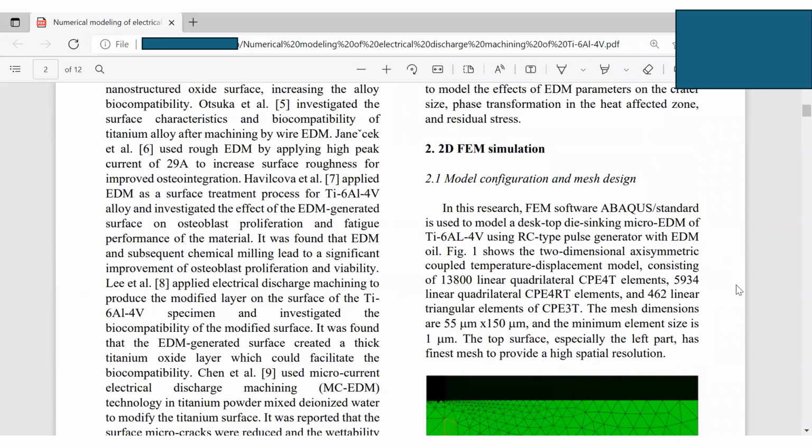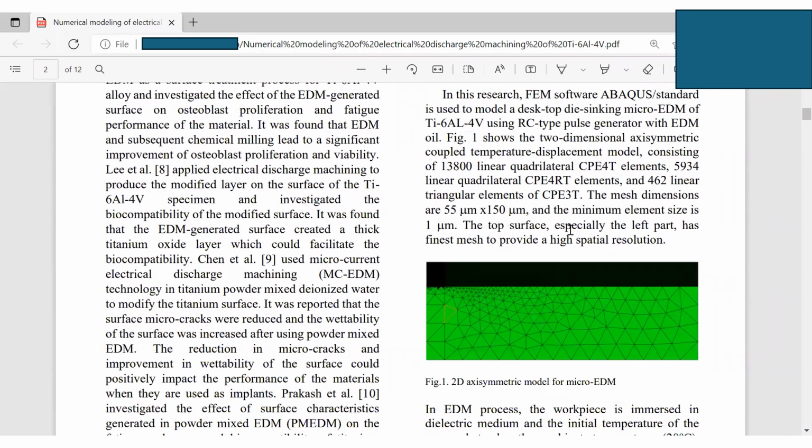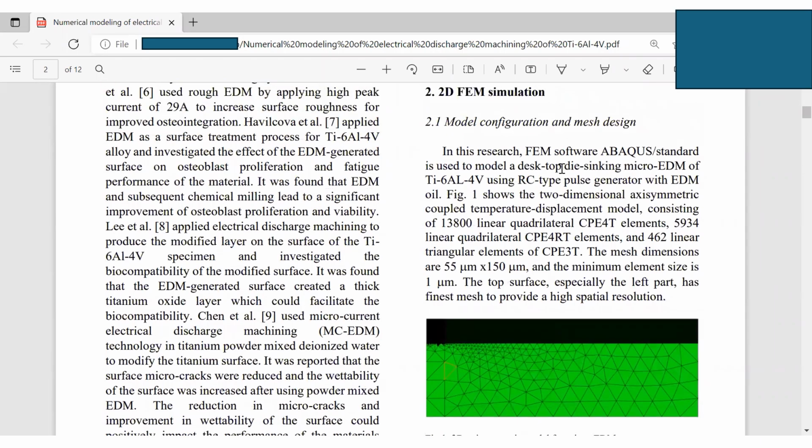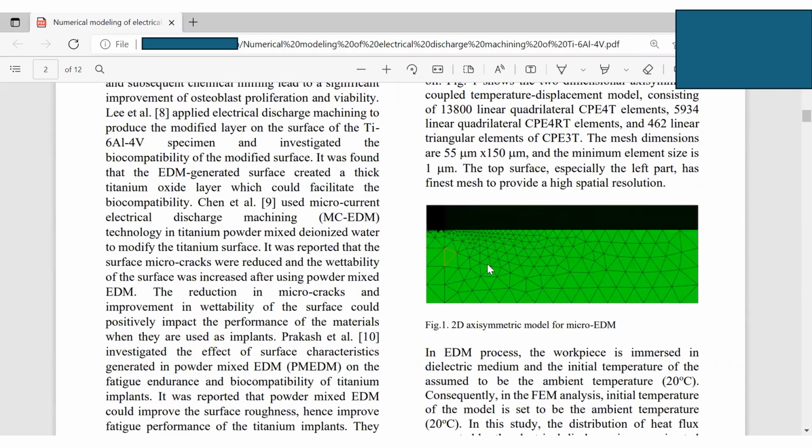And how to use Abaqus to build the model of EDM machining for this one. This is what I want you to answer, using a 2D axisymmetric model.